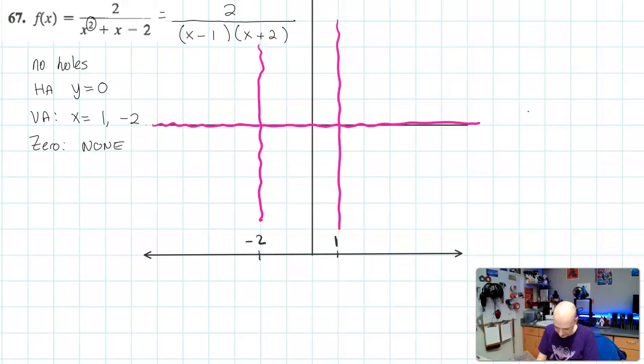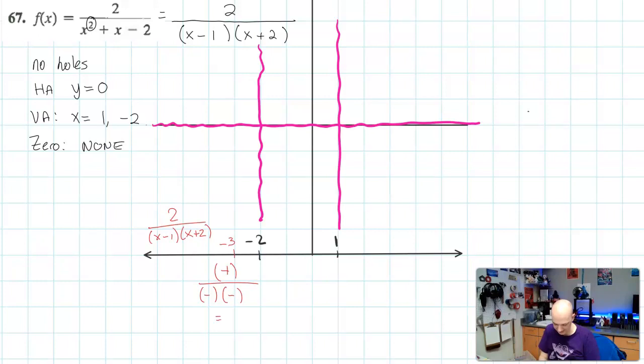So when I make the sign chart, I'll recopy the equation. It's 2 over x minus 1, x plus 2. And then I'm going to make a little diagram of the sign of test factors. So if I test -3, I'll have a positive 2 on top over a negative, and -3 plus 2 is still negative.